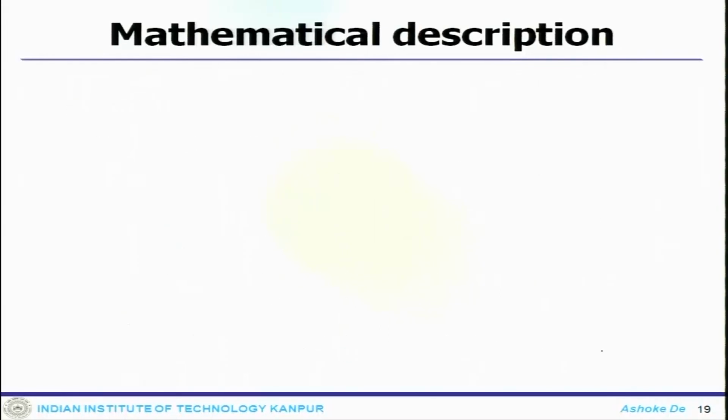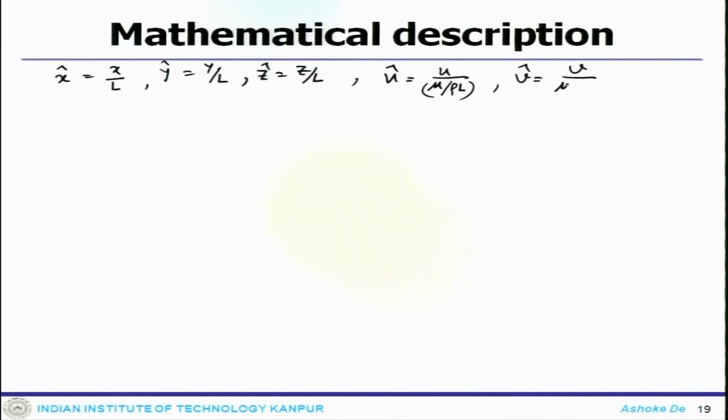So, then your scaling parameters. The first thing, the scaled x would be x by L, y is y by L, z is z by L. Then the velocity scaling: u is u by (mu by rho L). Similarly, v is v by (mu by rho L).